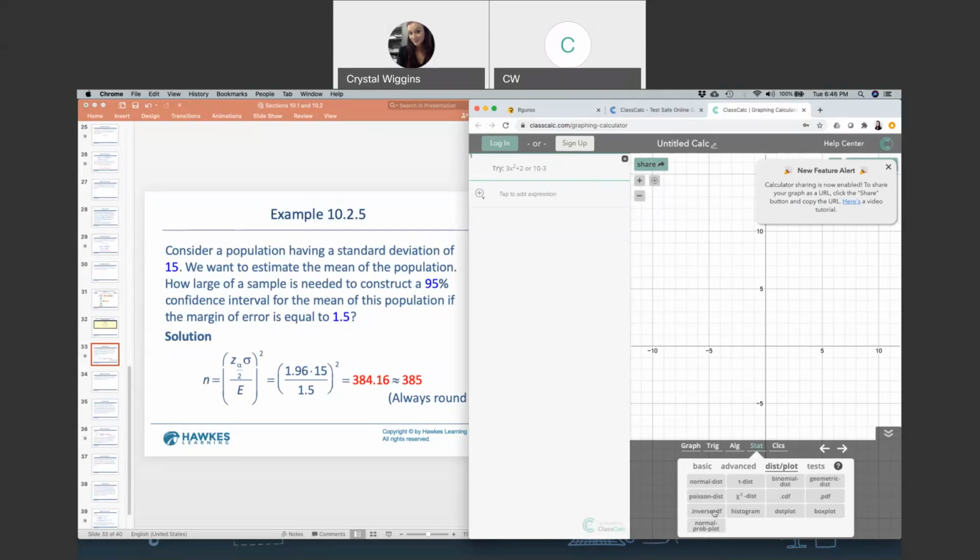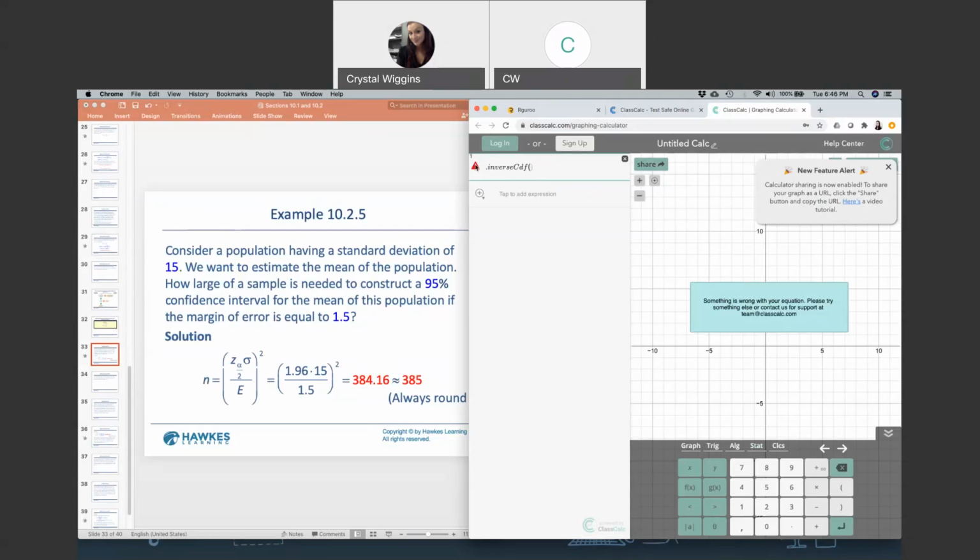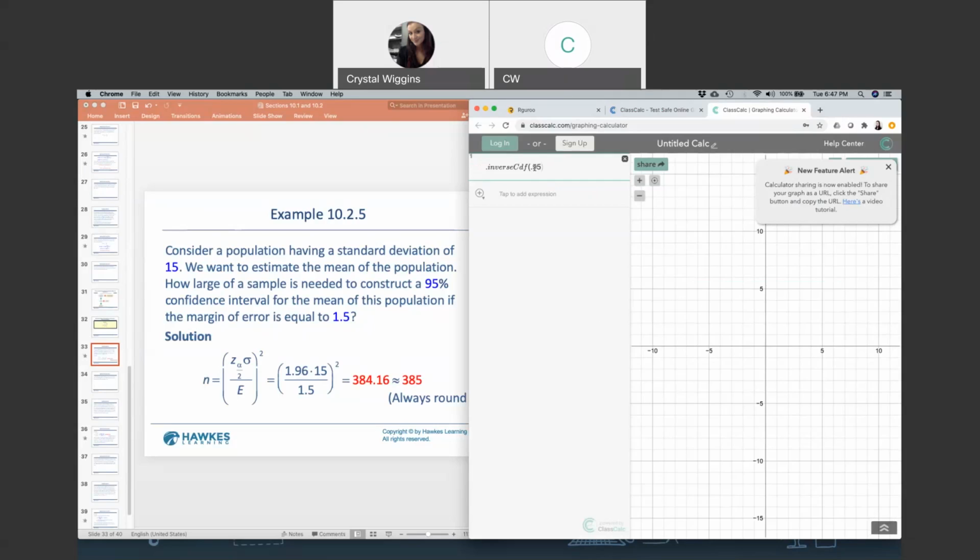So if we use inverse CDF, which is the inverse z, and I click on this little explanation, okay, maybe not. Usually it tells me what I'm supposed to put in here. Let's say, should just be able to put in the area in the left tail.